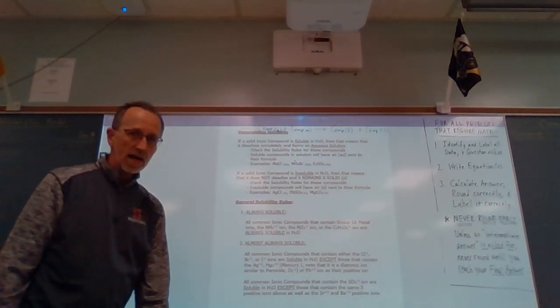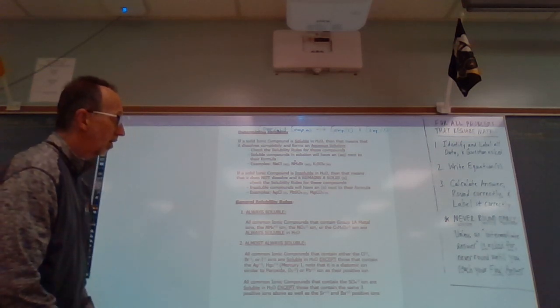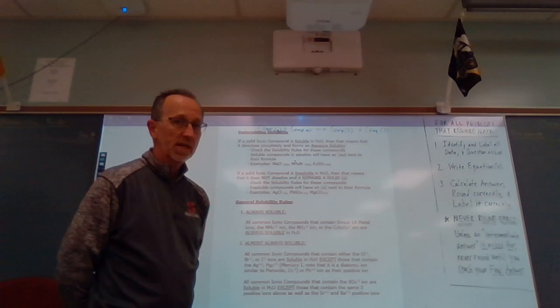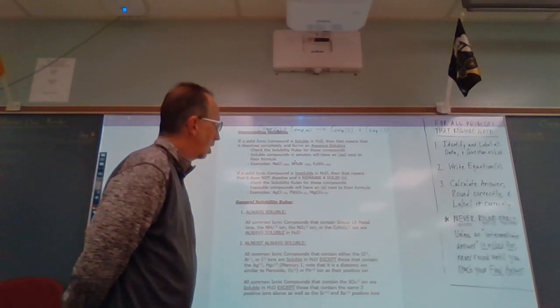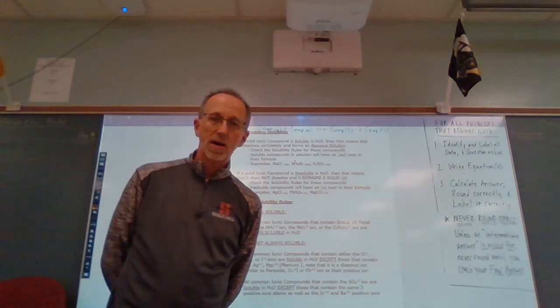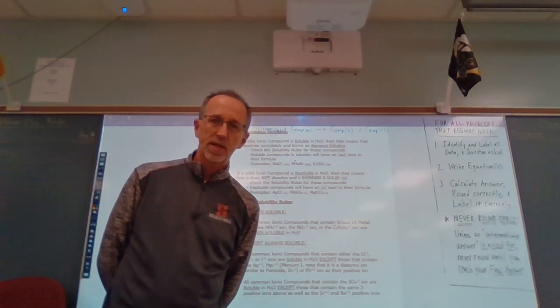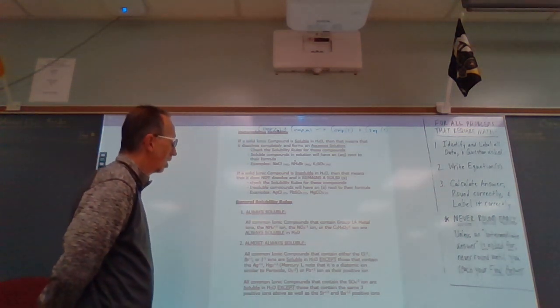If a solid ionic compound is soluble in water, that means that it dissolves completely and forms an aqueous solution. We're going to determine that by what we call the solubility rules. There are some rules of solubility that we can follow so that we know if something is soluble in water or not.